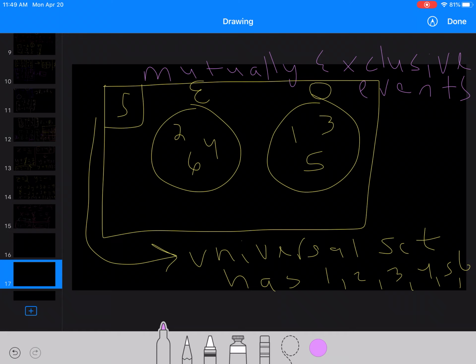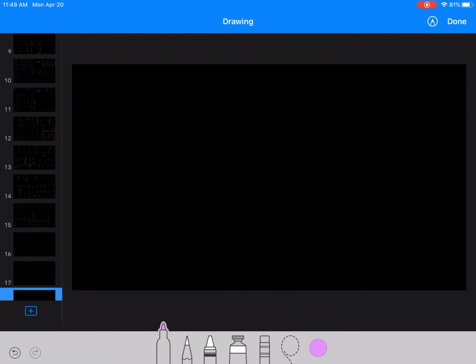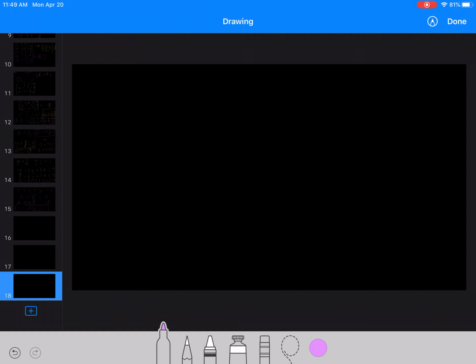So let's calculate the probability here on the next slide. Let's find the probability of an even number or a 1. Okay, so the question is, what is the probability that you roll an even number or a 1?